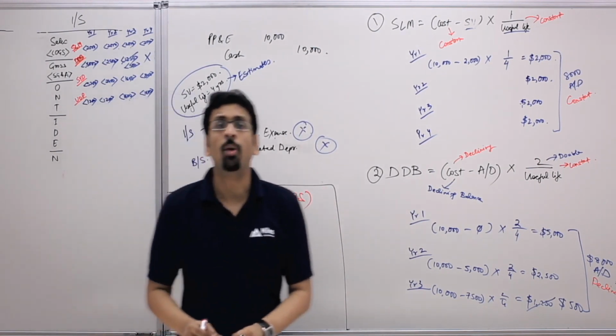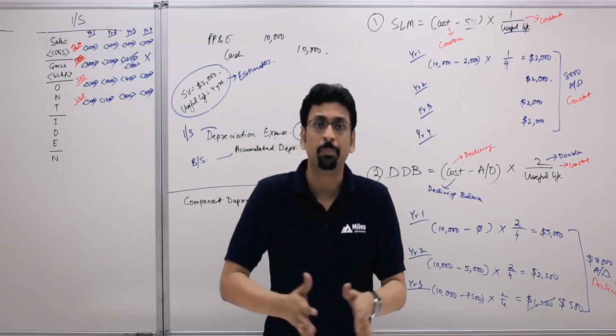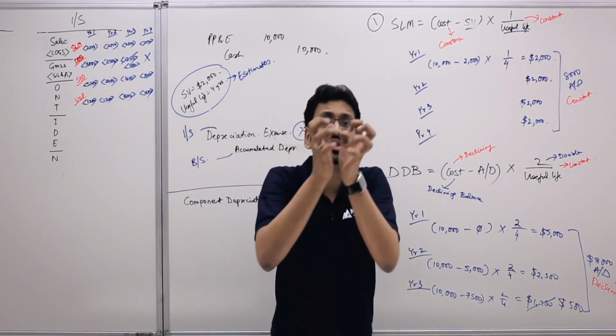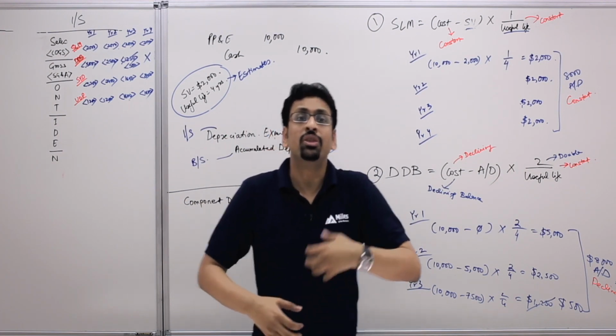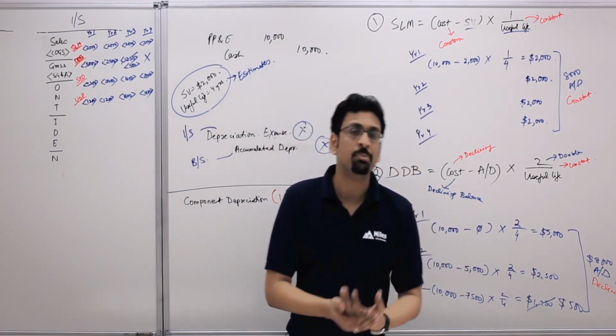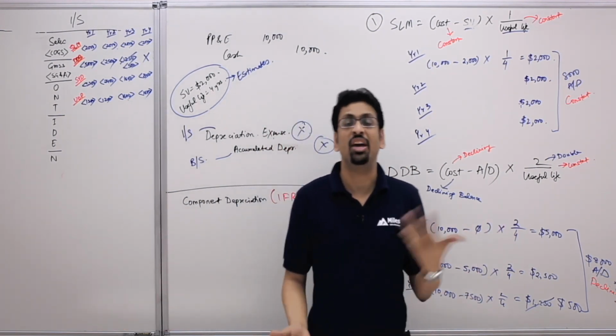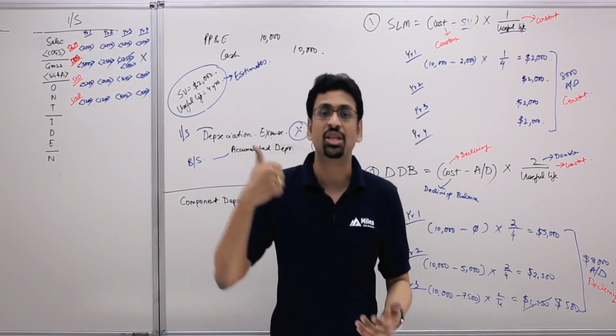What you do in component depreciation is take a fixed asset, a PP&E, and divide it into separate components with different lives. Let's say we buy a machine which comes in with a cylinder and an inspection required, let's say every 10 years. So the life of the machine, let's say, is 20 years.